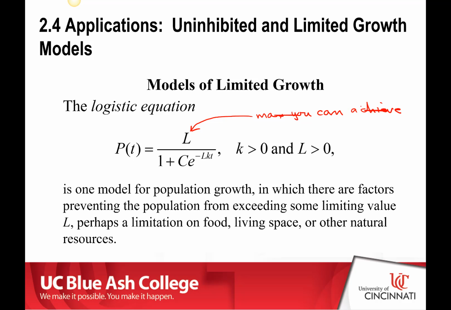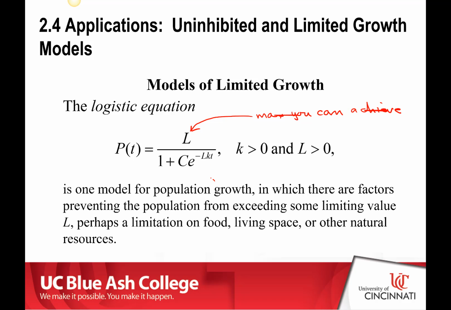If it's the sales of a DVD for a movie, it's however many of them you made. If it's the number of deer in Blue Ash, it's how many of them can live there. L is going to be an important value. It's typically going to be given to you, so that you have some understanding of the system. Now, you've got to be careful, notice L is used twice.